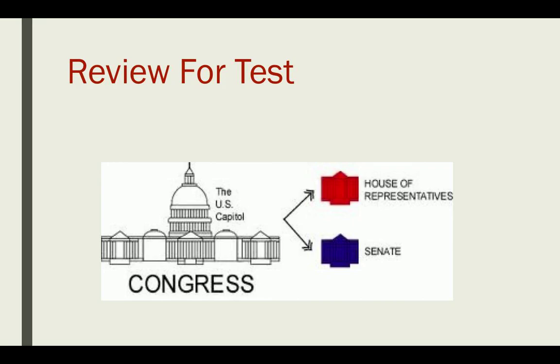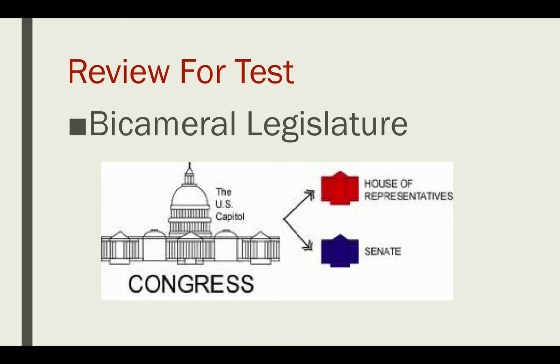All right, let's get to a couple of topics for your test tomorrow. First, the bicameral legislature. Remember, this means that in Congress we have two houses, the House of Representatives and the Senate. And we want to remember that this comes from the Great Compromise.